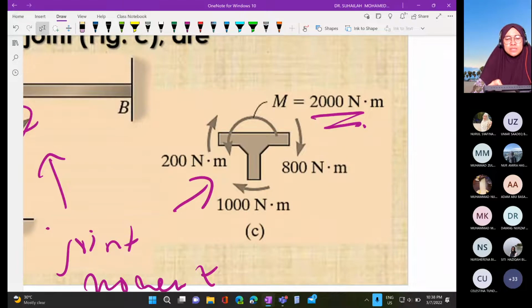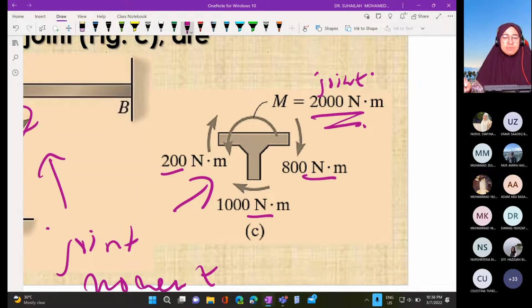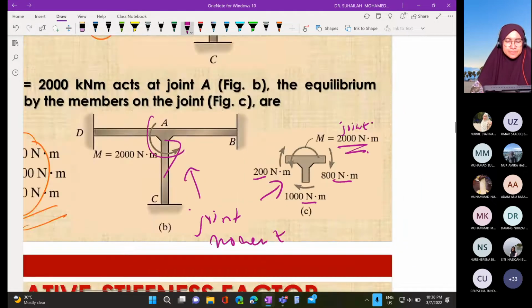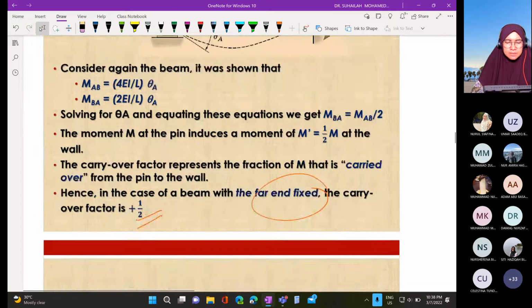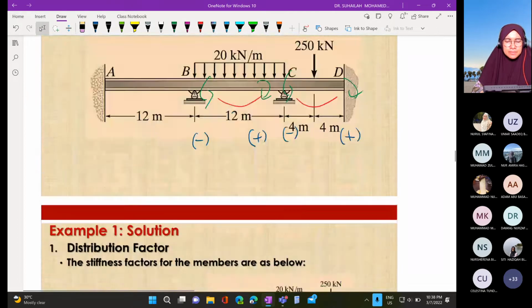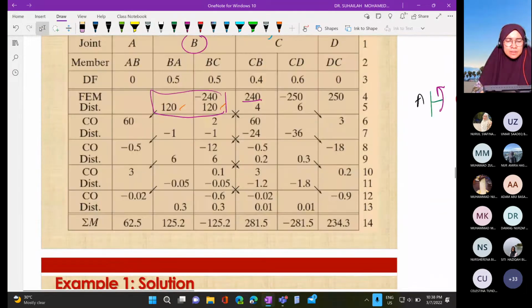Between joint moment, this is joint moment, dengan moment yang kita distribute, direction opposite. Because, okay, the joint must be in equilibrium. So, yang dalam table tu, that is the process at distribution level.